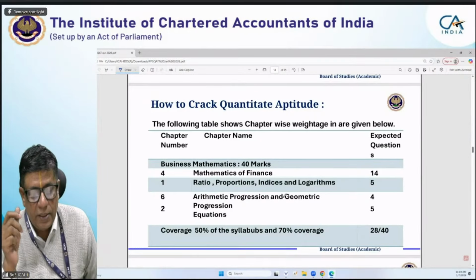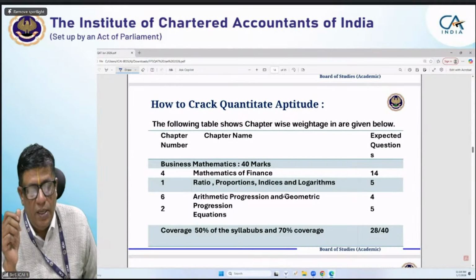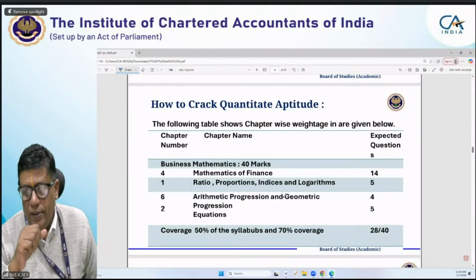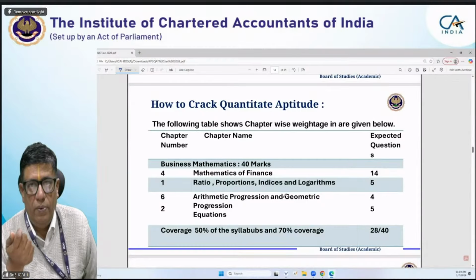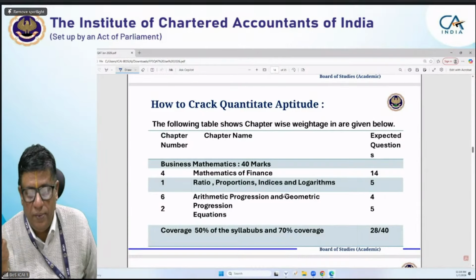Next one is Chapter 1, ratio, proportions, indices and logarithms. From the examination point of view we are expecting ratio 1 question, proportions, indices and logarithms, 5 questions maximum from this chapter.